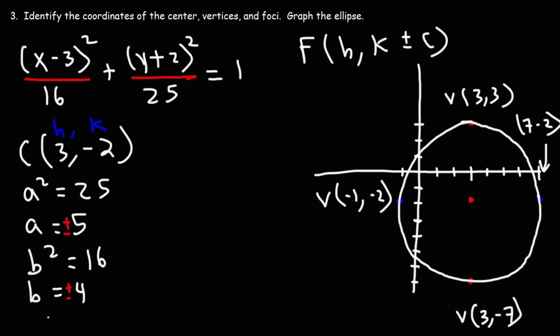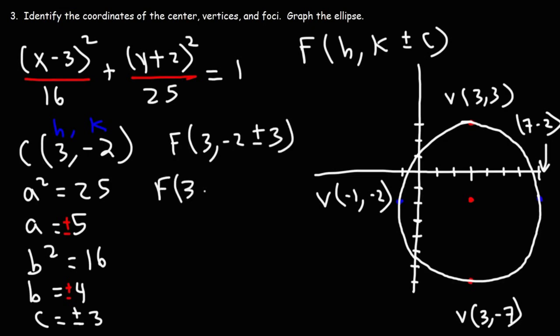So now that we have the value of c, we said that c is plus or minus 3. Let's use this to find the coordinates of the foci. So h is 3, k is negative 2, and we're going to add plus or minus 3 to that. Negative 2 plus 3 is 1, and negative 2 minus 3 is negative 5.